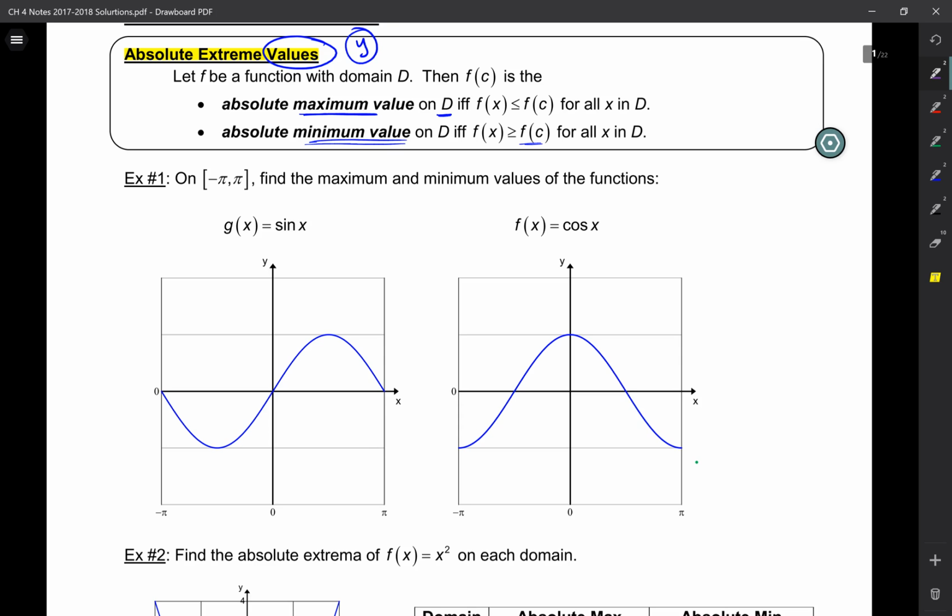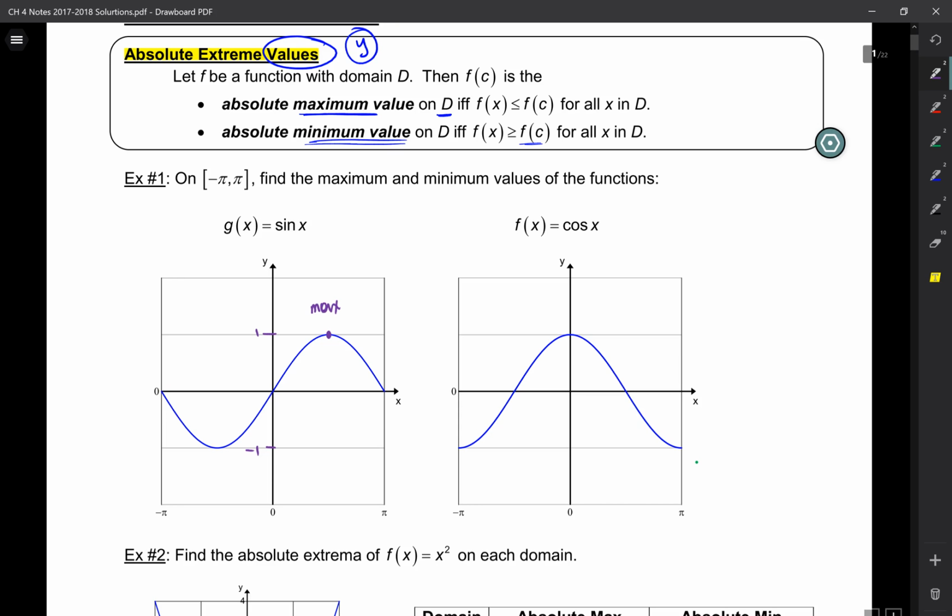Now, this is the graph of sine of x, and we're given the graph from negative pi to pi. And what is this value here vertically? 1. So this is 1 and this is negative 1. So now, this is the maximum value. Now, here's how you're going to say this.